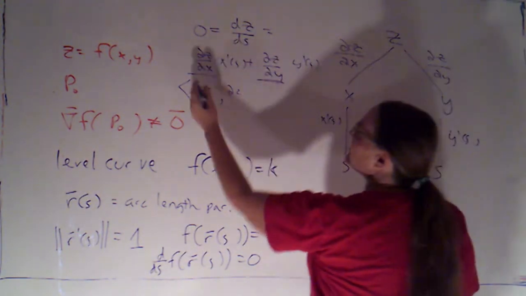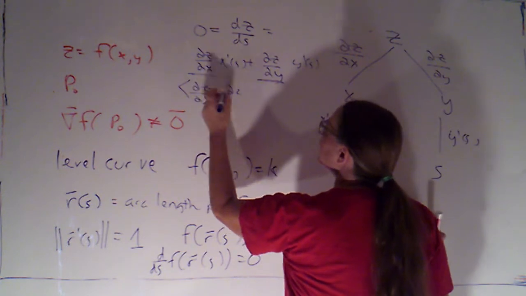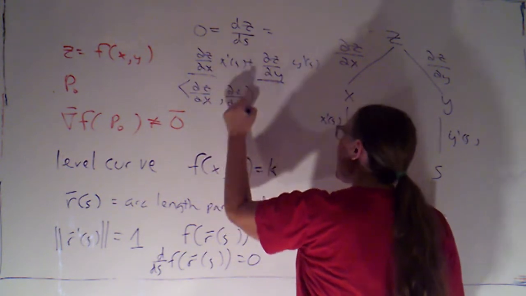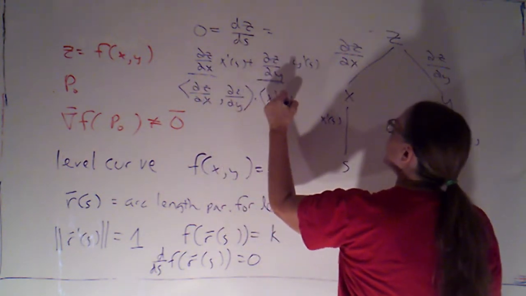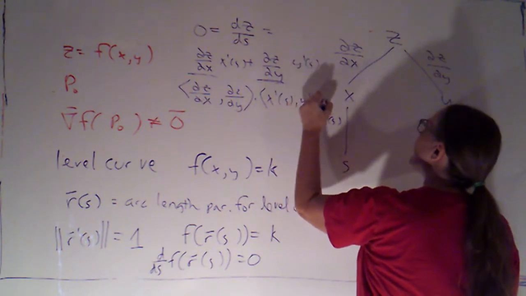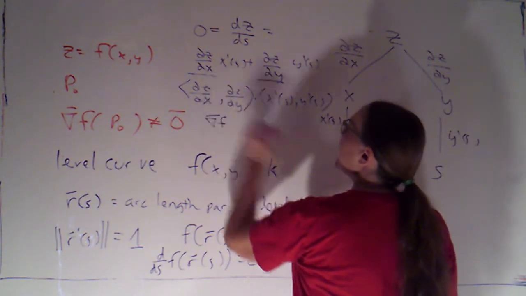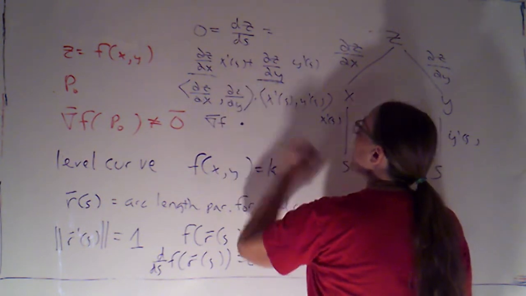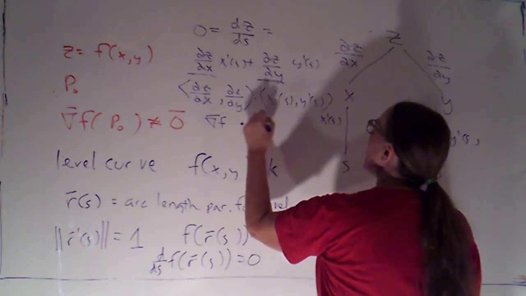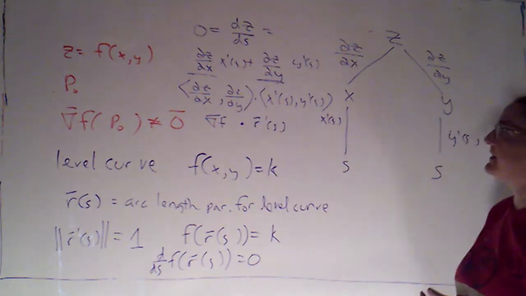Okay. So we're getting partial z, partial x, comma, partial z, partial y, dotted with x prime of s, comma, y prime of s. But that's just the gradient of f dotted with r prime of s.